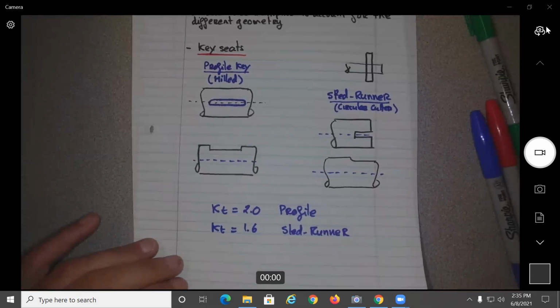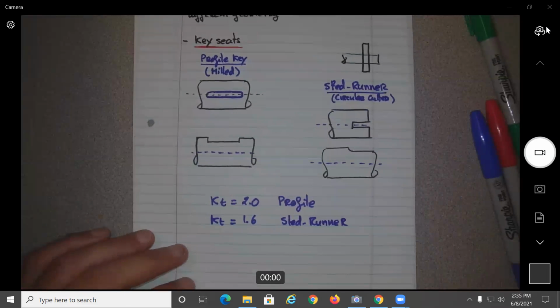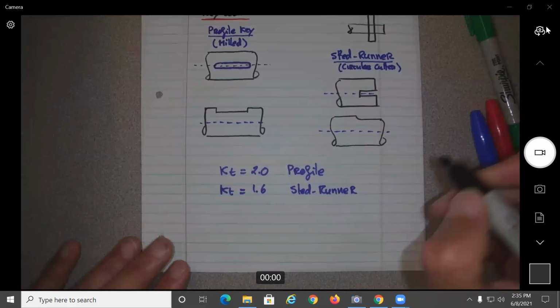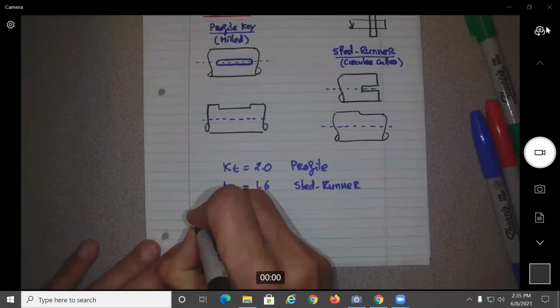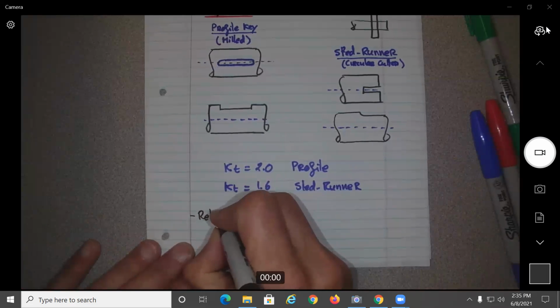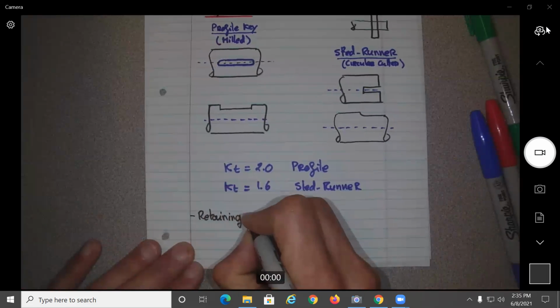All right, and one last one I'm going to do over here: the retaining groove.